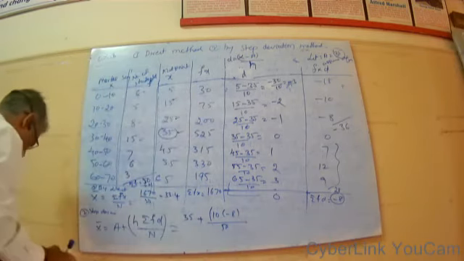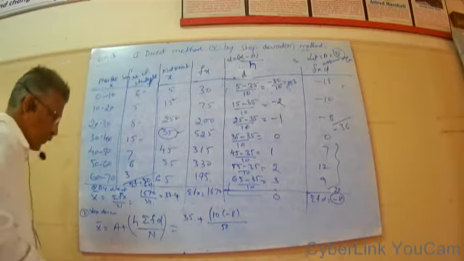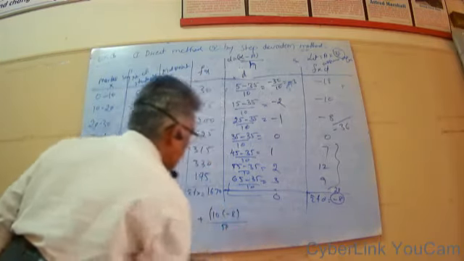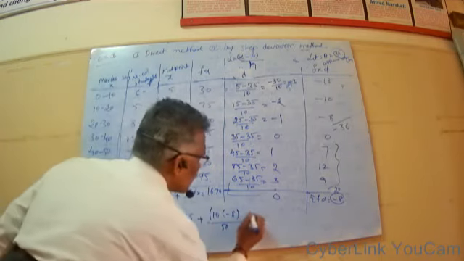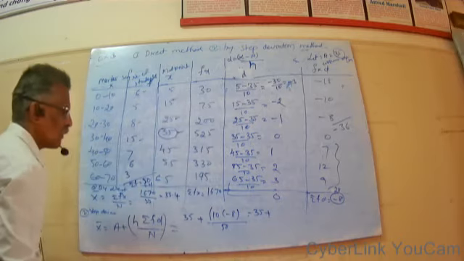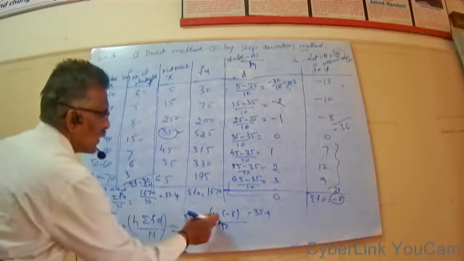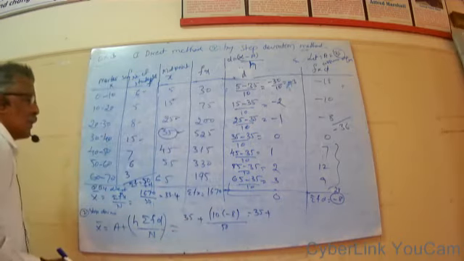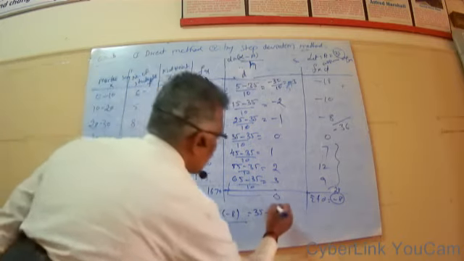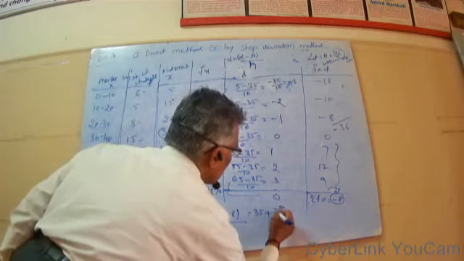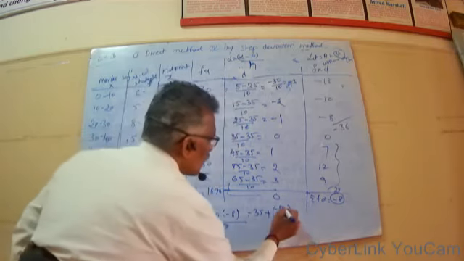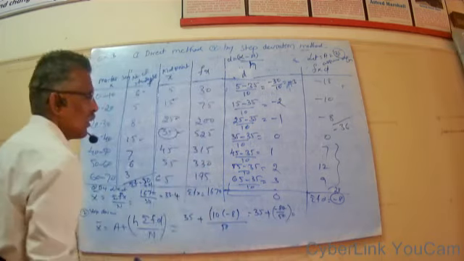Right, equal to ಏನಾಗ್ತದೆ ಕೇಳಿದ್ರೆ, 35 as it is plus ಏನಿದೆ ಇಲ್ಲಿ 10 into -8, that is -80 divided by 50 ಇದೆ ಇಲ್ಲಿ.